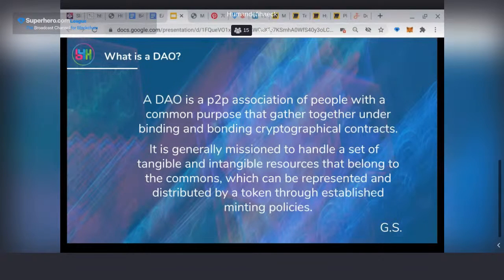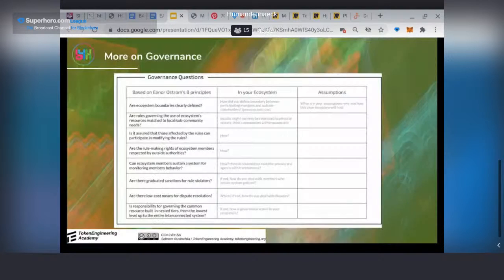And the ownership over these commons usually can be represented by a token that will be minted and distributed according to established policies. And who established the policies? The design system. And this is why we need it to be decentralized.